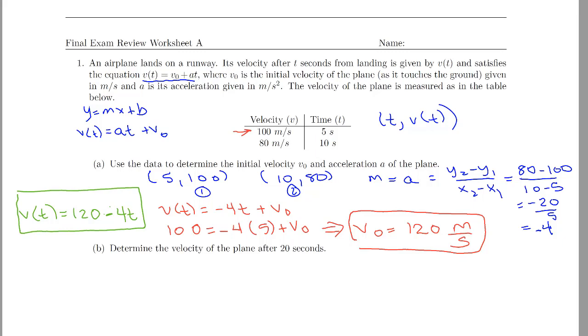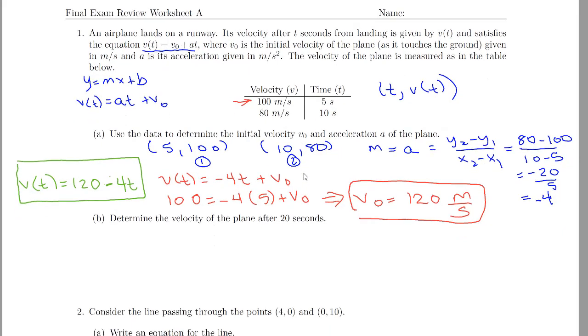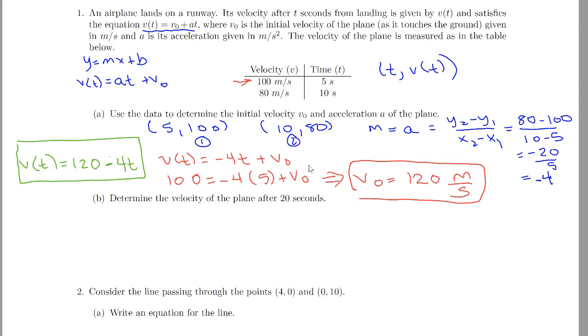Determine the velocity of the plane after 20 seconds. Well, that's v of 20, which equals 120 minus 4 times 20, which is 120 minus 80, which is equal to 40 meters per second.